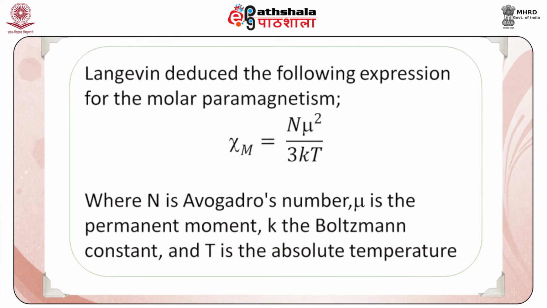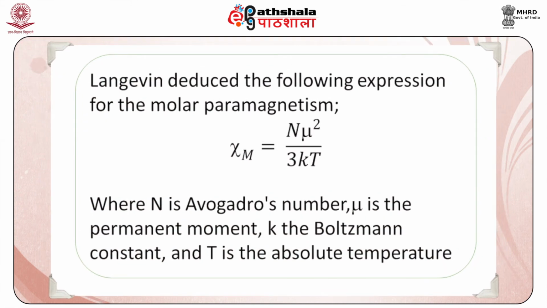Langevin deduced the following expression for the molar paramagnetism: χm = Nμ²/3kT, where N is the Avogadro's number, μ is the permanent moment, k the Boltzmann constant, and T is the absolute temperature. A precise expression will also include a term for the relatively small diamagnetic part of the susceptibility.